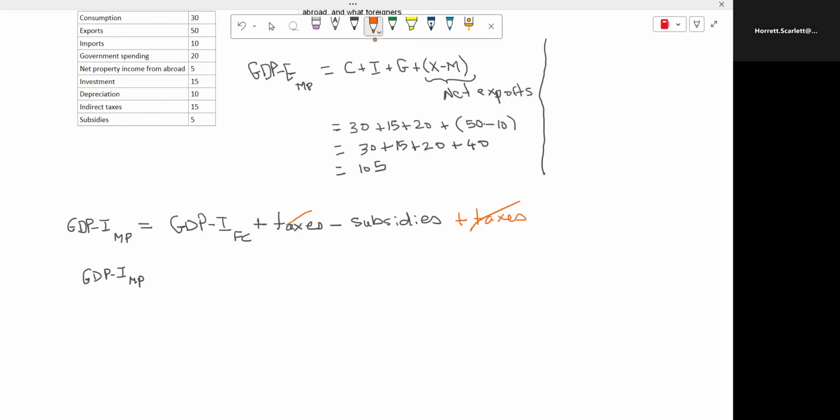So that would cancel that. Sorry, we need to subtract taxes. So we need to subtract the taxes. And we need to add the subsidies.